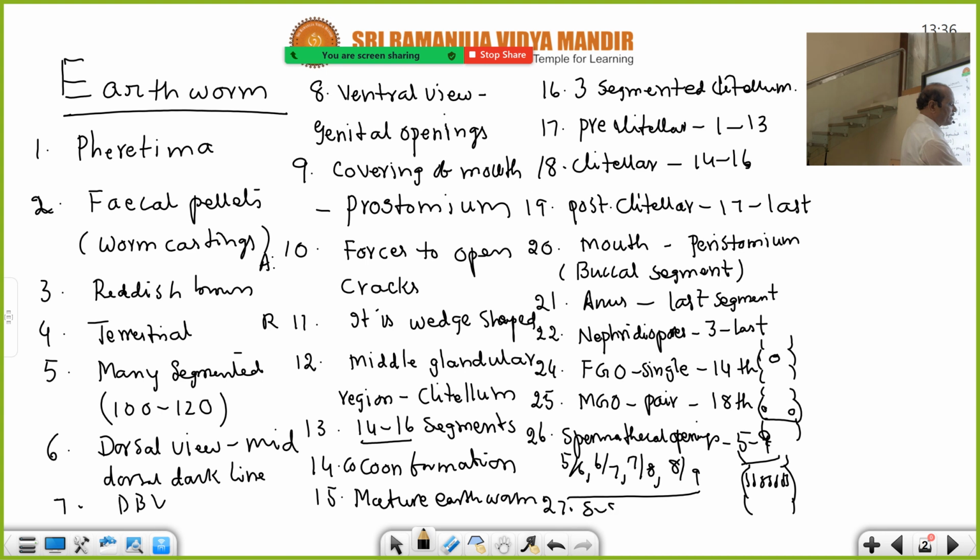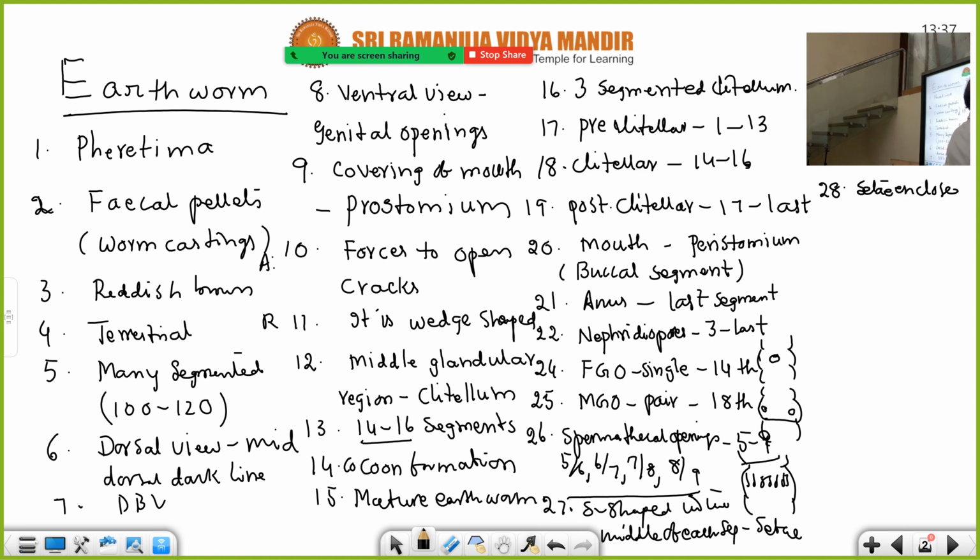So the S-shaped structures in the middle of every segment, or each segment, are called setae. Setae are embedded in, or enclosed in, epidermal pits.